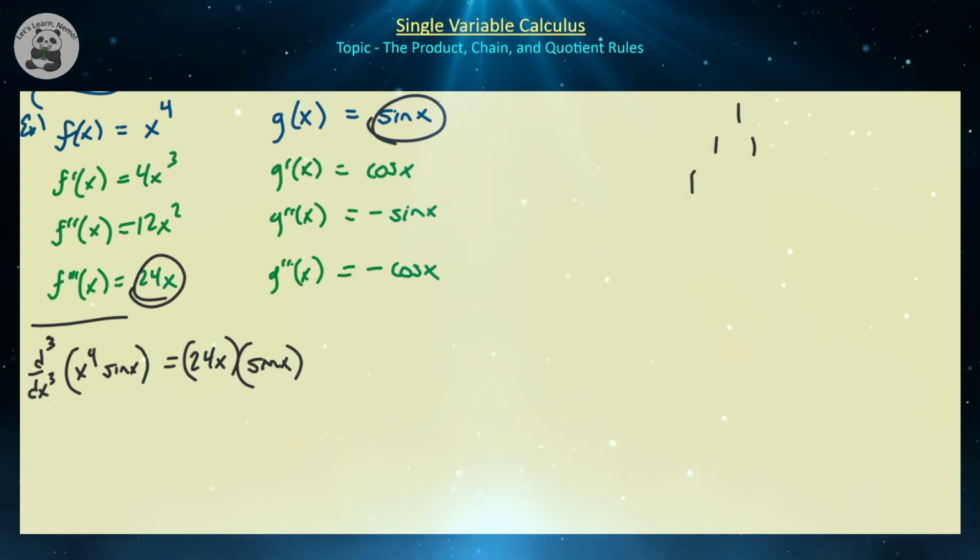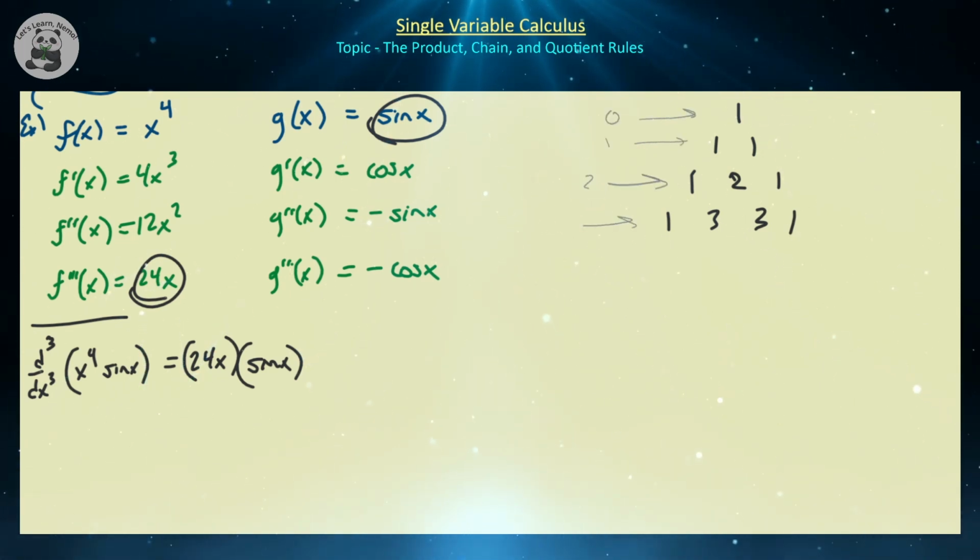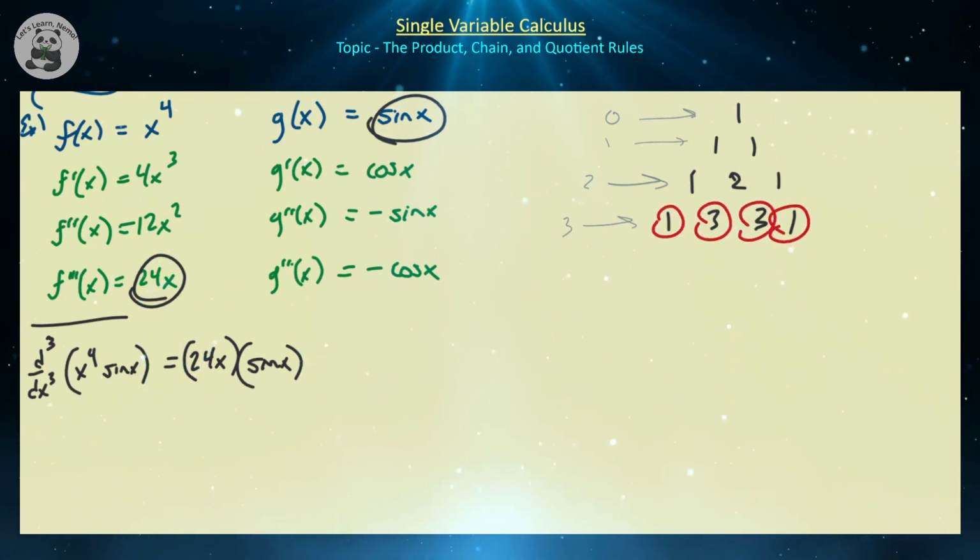So 1, 1, 1, 2, 1, and then 1, 3, 3, 1. So this is the 0th derivative, the first derivative, the second derivative, and the third derivative. So your coefficients should be 1, 3, 3, and 1. Right? So we have the third derivative times the 0th derivative of g, and there's an invisible coefficient of 1 in the front.